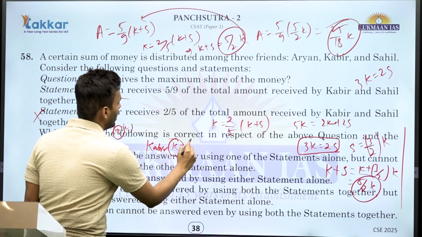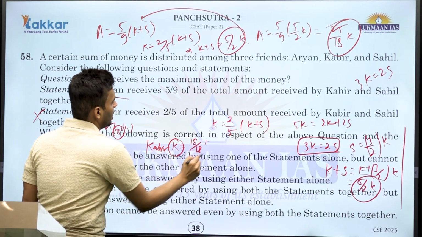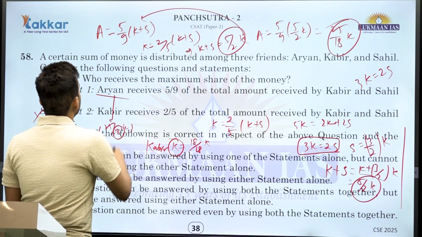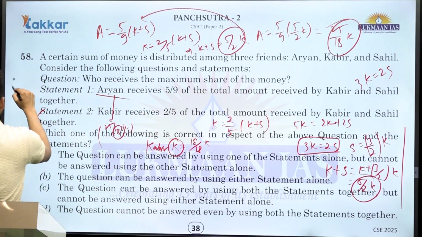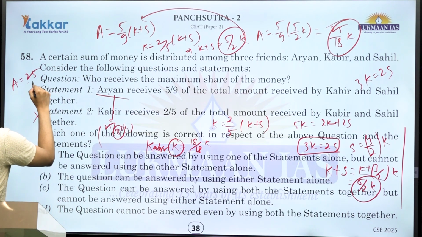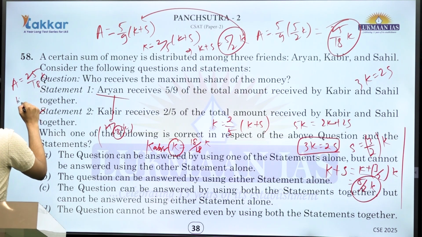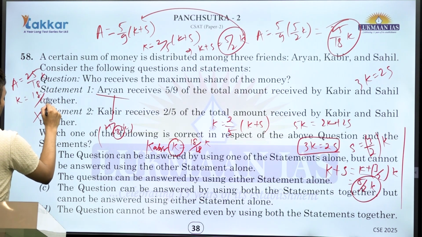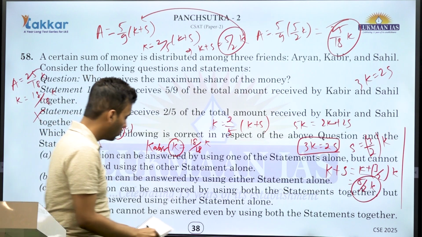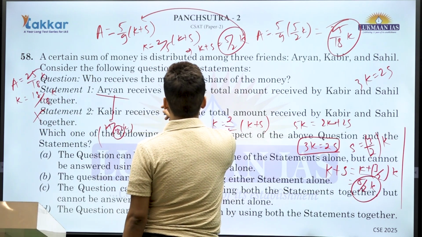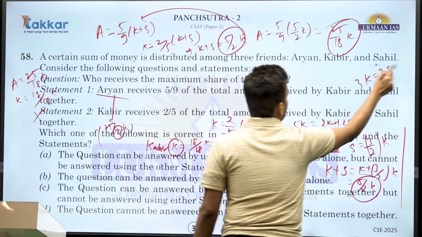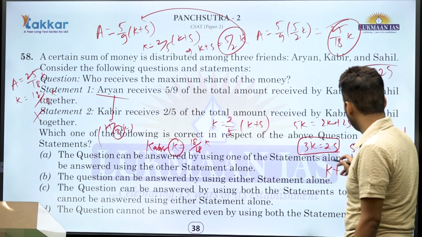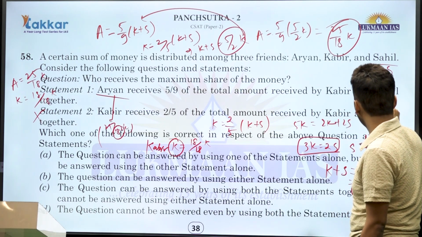So we can write K as 18 by 18 K. Okay, so we have Aryan as 25 by 18K, Kabir as 18 by 18K, and who is the third member? Third member is Sahil, and Sahil is 3K by 2.